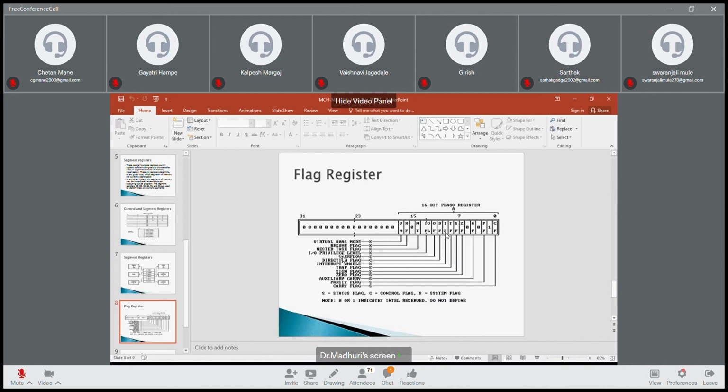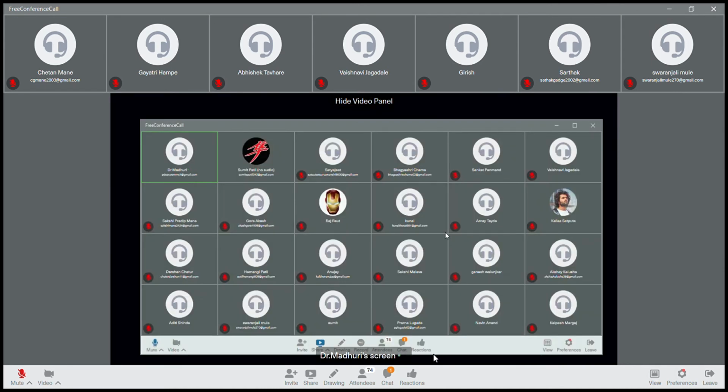It contains the current state of the CPU. Who is speaking? Let me know the name. Yes, Abhishek, you are right.